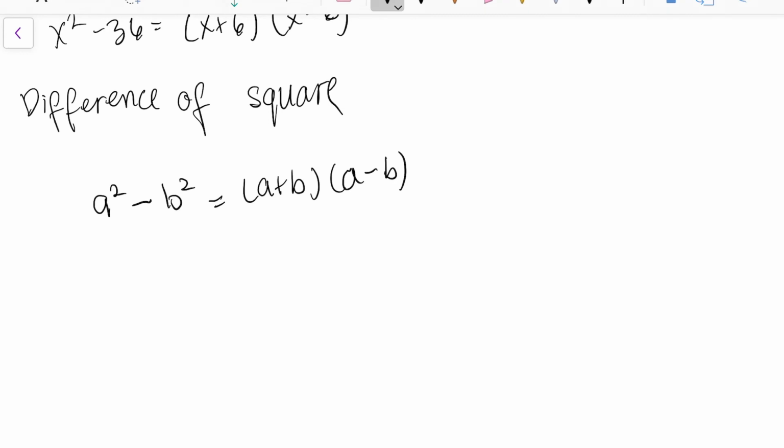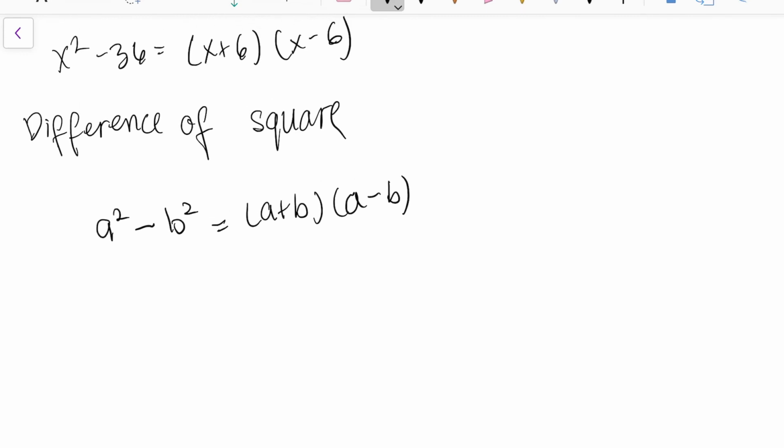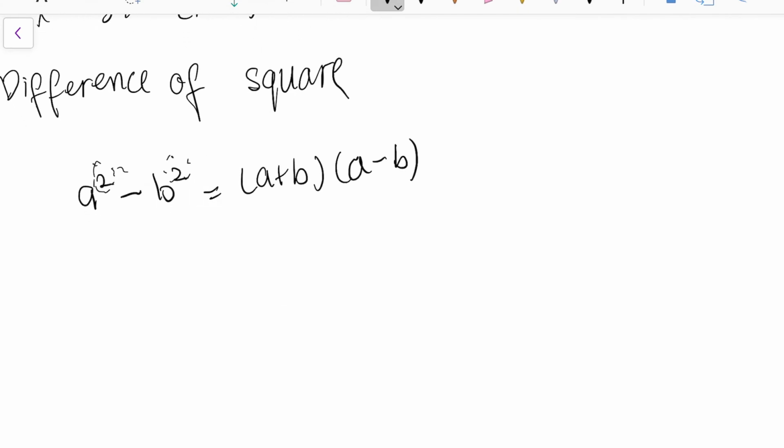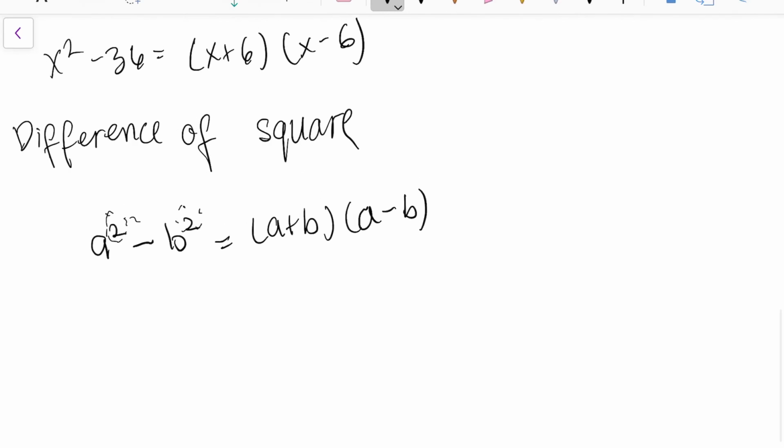Okay, and you might say, I saw the previous problem said x squared minus 36, so isn't that supposed to be x plus 36 and x minus 36? No, you're wrong, because remember, it needs to be a difference of squares. They should both be raised to the second power. With that said, we can rewrite x squared minus 36 to look like this.